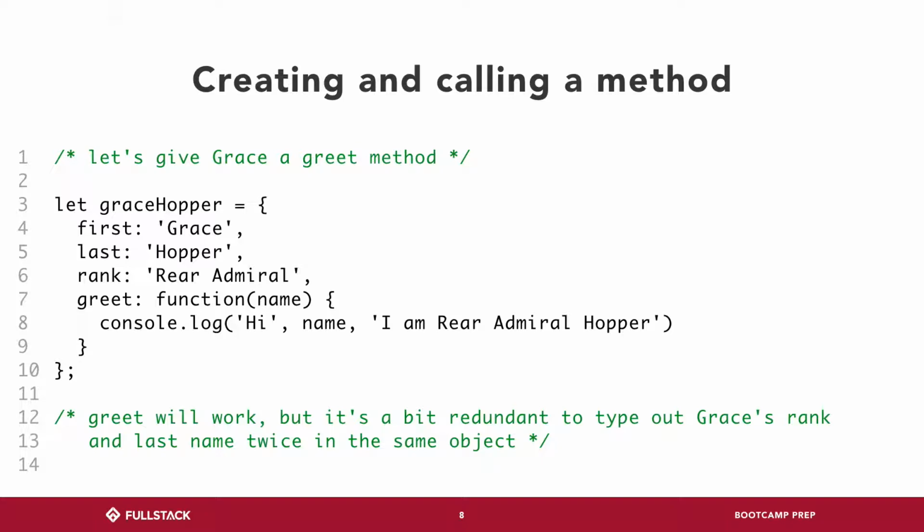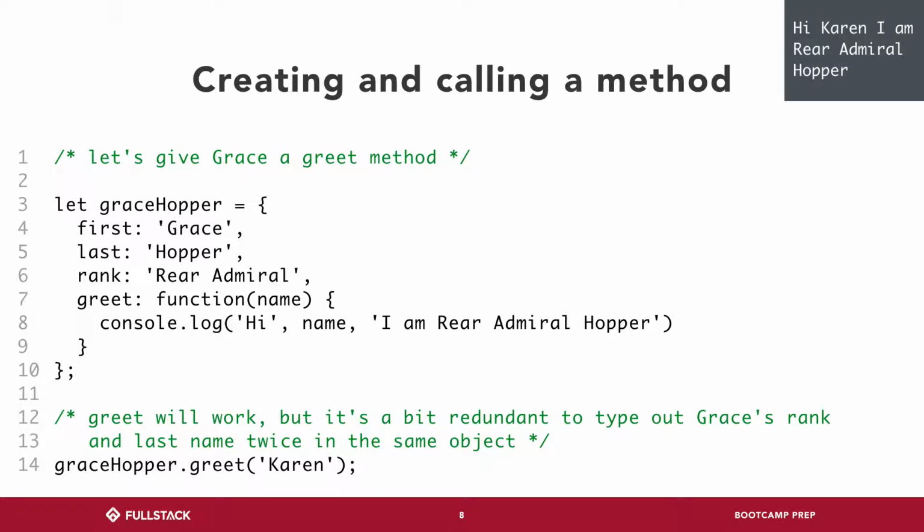We could use what's inside this object. And so it'll say I am Rear Admiral Hopper, but it could just say I am graceHopper.rank plus graceHopper.last. In this function, you have access to all of these properties.